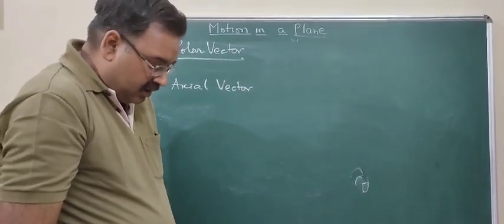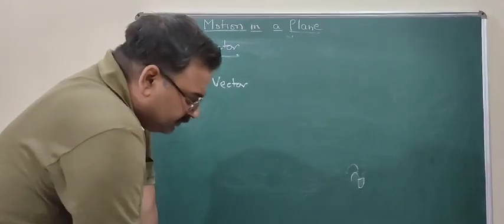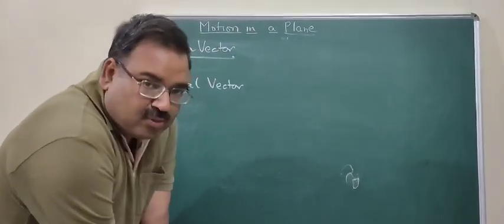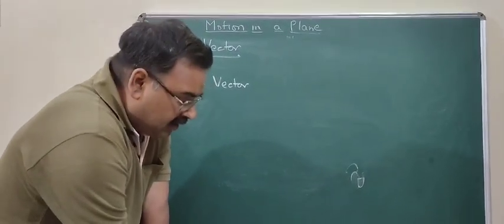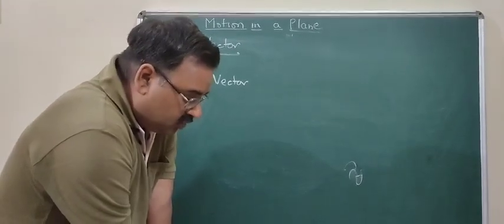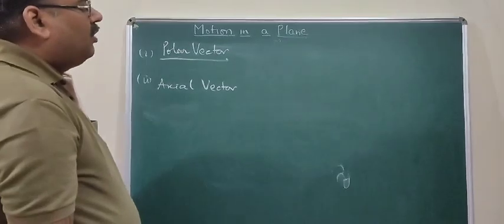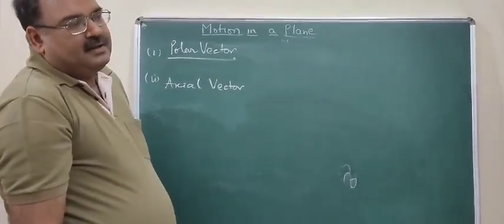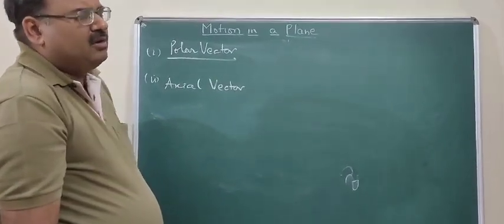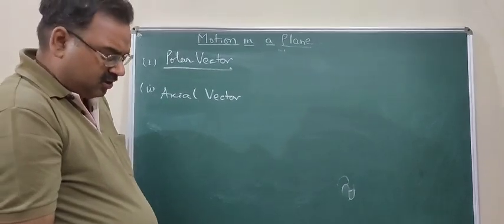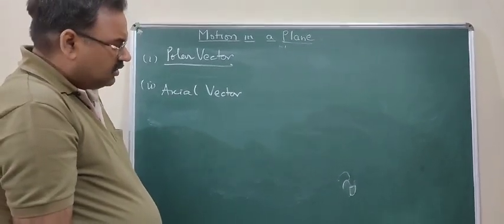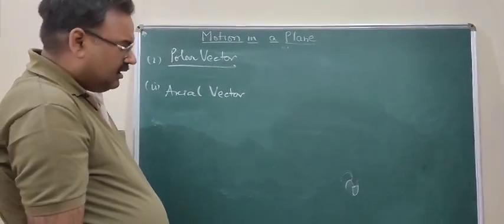Examples: angular momentum, angular velocity, torque. All of them are along a plane. The angular momentum is along a plane, angular velocity is along a plane, or torque is along a plane. Then it is known as an axial vector.